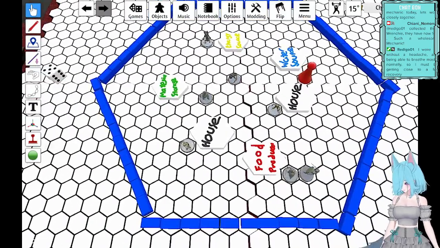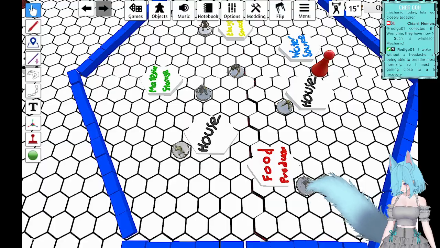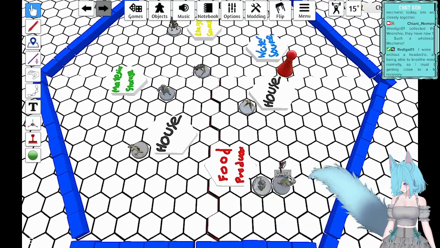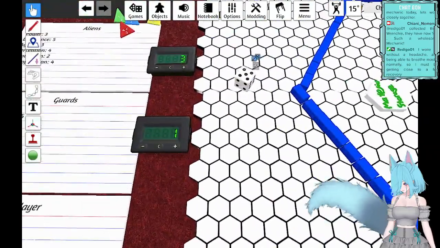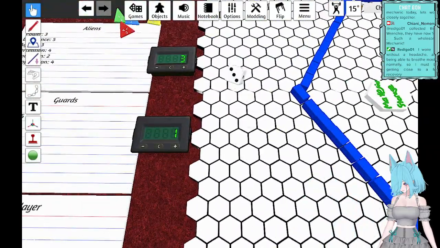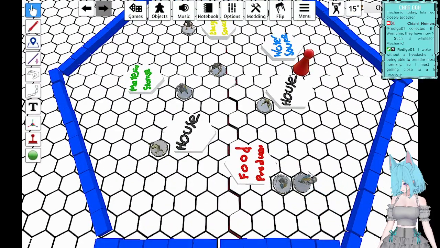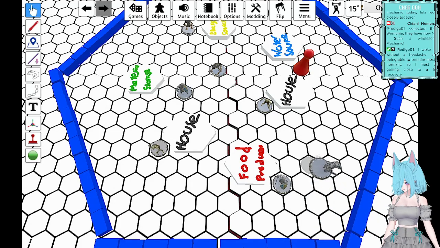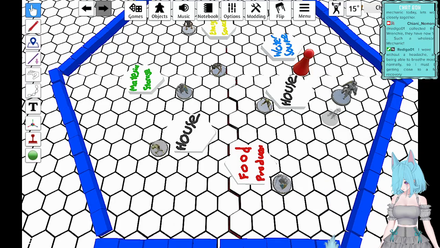And then for these two guys, this guy is... Where are you facing? I think you're currently facing against the other guy, right? Yeah. So, you gotta roll in what direction you're going. 1, 2, 3. So... 1, 2, 3, 4.